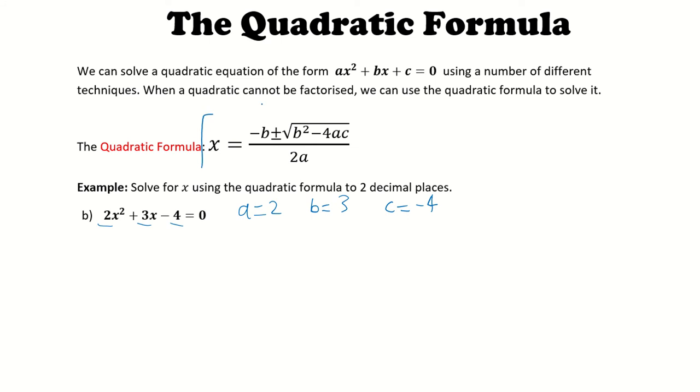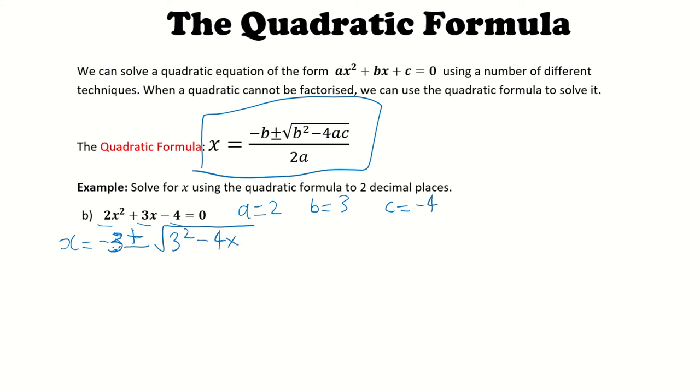So I'm going to substitute into my quadratic formula, and I'm going to get x equals minus b, so minus 3, plus or minus the square root of b squared, which is 3 squared, take 4 lots of a, which is 2, times by c, which is negative 4. And I'm going to divide all of that by 2 lots of a, which is 2 lots of 2.